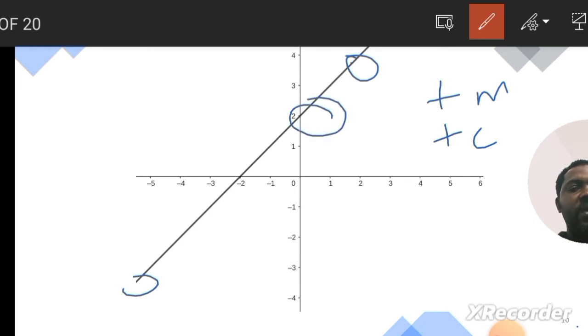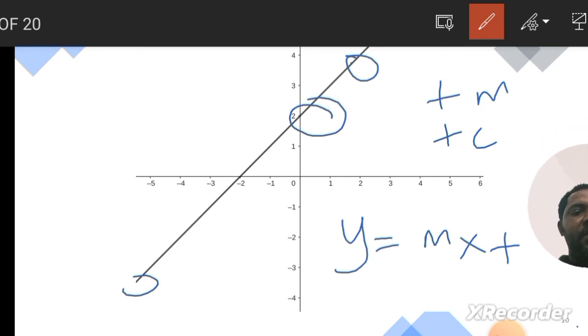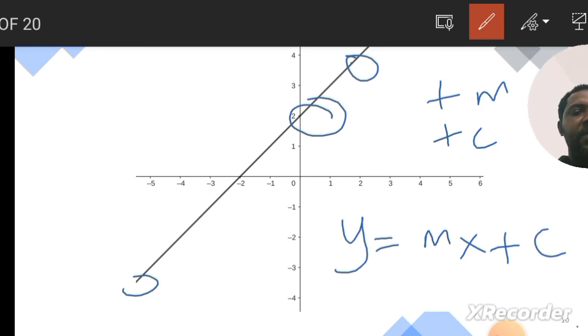So this graph is y equal to mx plus c. That is what this graph is. Why? Because it has a positive slope, and also a positive intercept.